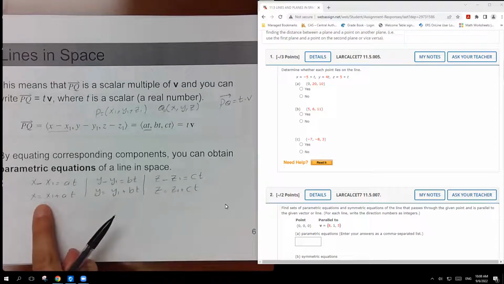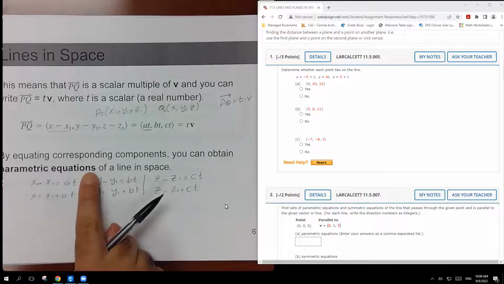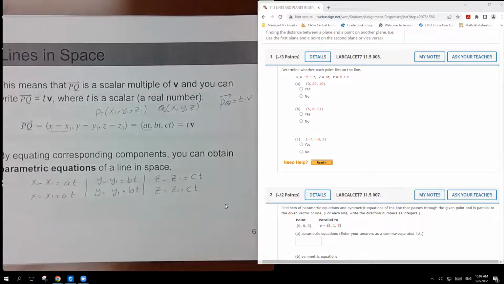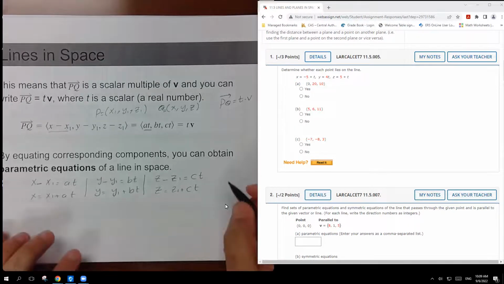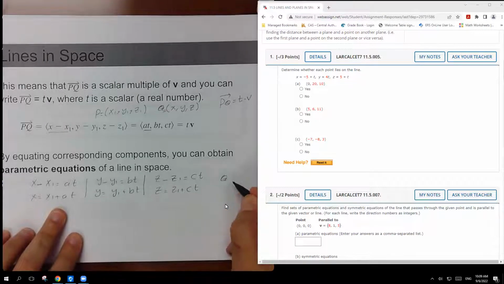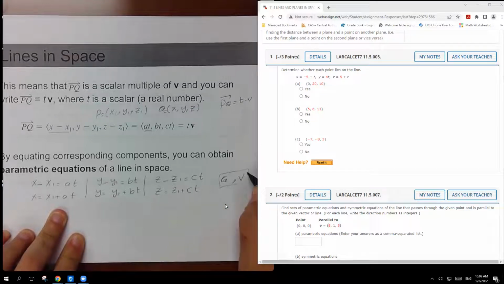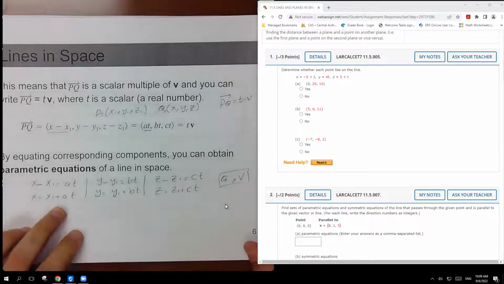These 3 equations are the parametric equations. So when they ask you to find the parametric equations, you have to get a point, a scalar and a vector. Sometimes there is no scalar, but there's a vector. You have to write down the point Q and the vector V. This is important to write down any parametric equations.